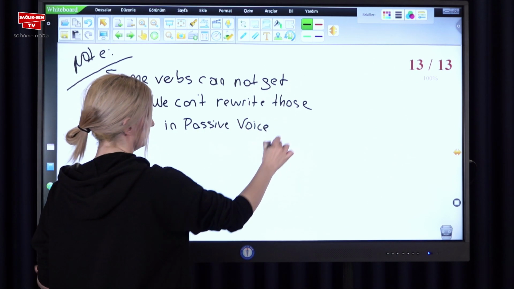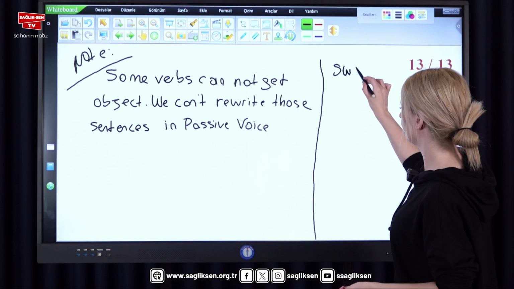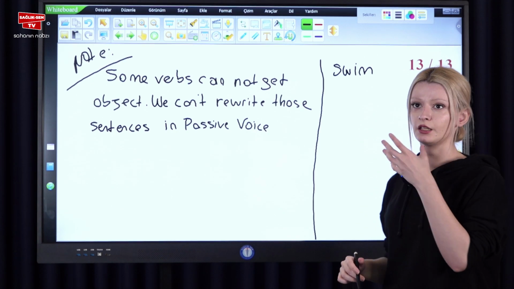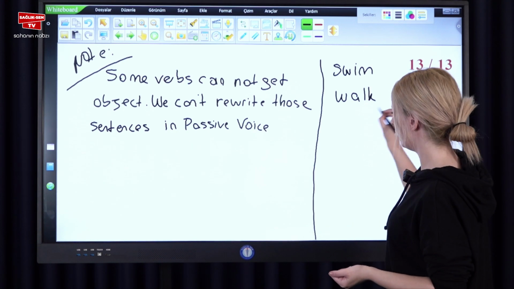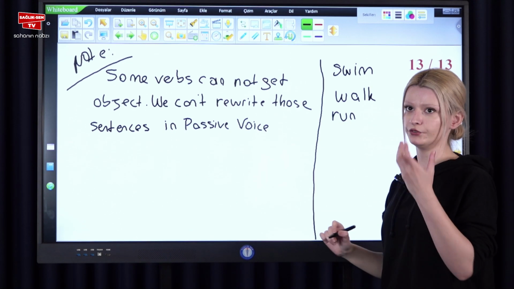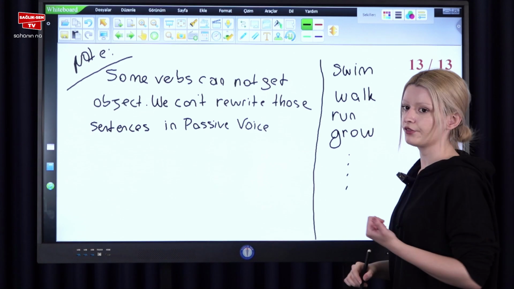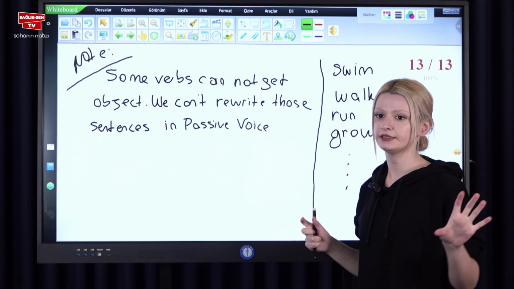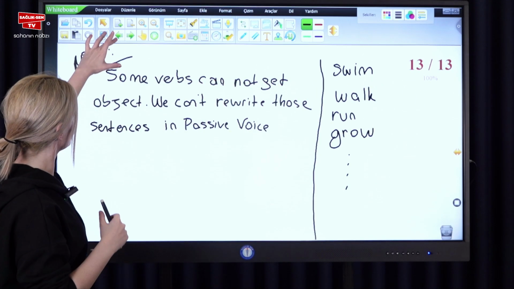For example, what are those? Swim. This verb cannot get an object, or walk, or run, grow. Things like this. So we cannot do every sentence using passive voice form. This is important.